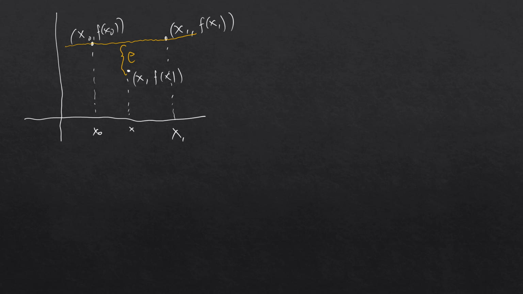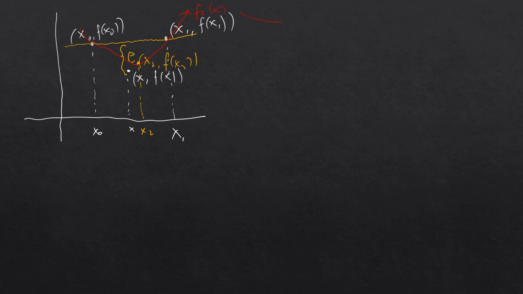Let us call this x2, f of x2. And we can fit here for these three points, x0, x1, and x2, a second degree polynomial. So we shall be connecting these three points, x0, x2, and x1. Let us denote this by f2 of x.